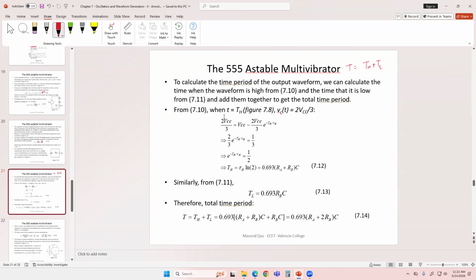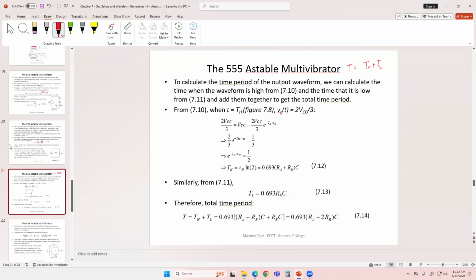We plugged that in, solved it, and found that the time TH is tau H natural log of 2, which is equal to 0.693 RA plus RB times C, because tau H is RA plus RB times C, and natural log of 2 is 0.693.